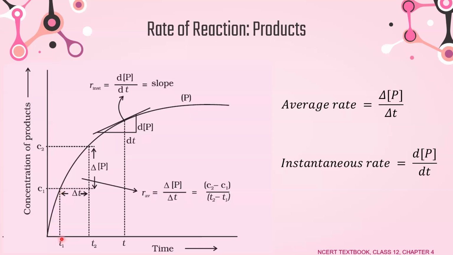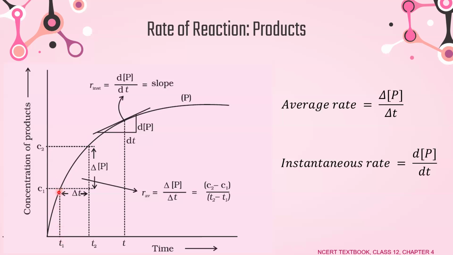So this is T1 and this is T2. If you look closely, since it is C2 minus C1 and T2 minus T1, for T2 the concentration is C2, and for T1 the concentration is C1. The concentration at time T2, C2, is higher than C1, because at T1 the reaction had only started.